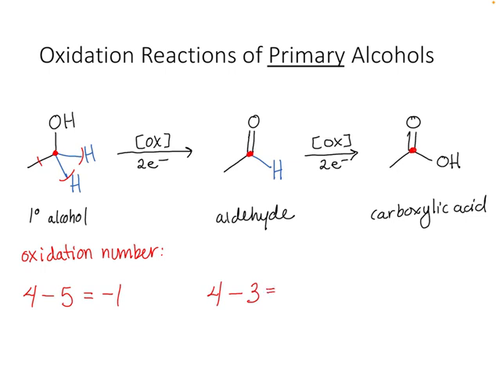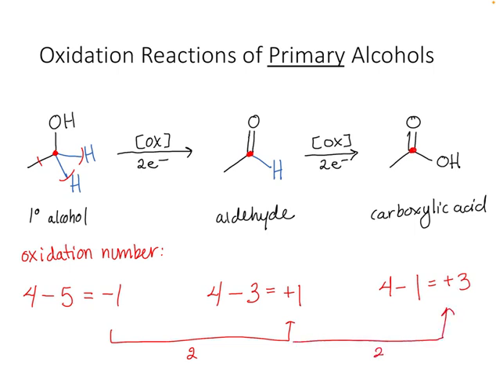So its oxidation number in the aldehyde is +1. So that's a difference of 2. And then in the carboxylic acid, the carbon only has ownership over 1 electron. So its oxidation state is +3, and that's another difference of 2. So just getting some practice with oxidation numbers here.